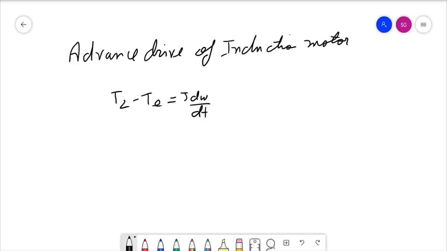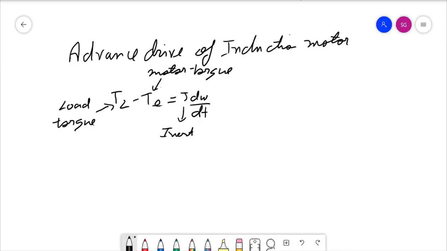Here, TL is the load torque, TE is the motor torque, J is the inertia, and omega is the rotor speed. This is the rotor inertia.